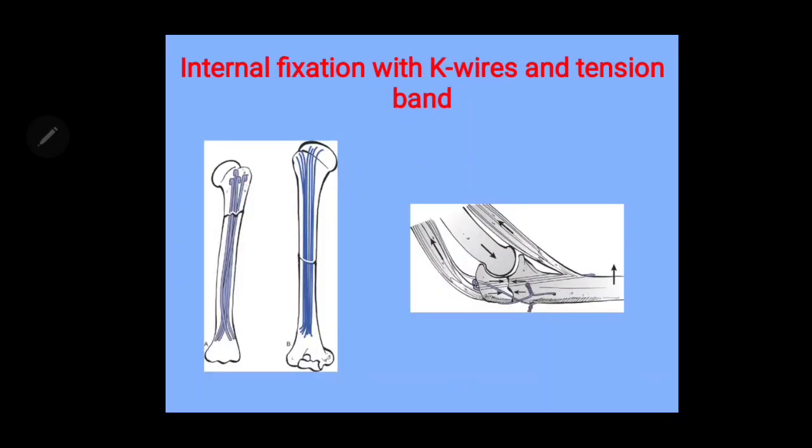So internal fracture fixation with K-wires can be used also for big fractures if you use a bundle of them, like humeral shaft, and it can be used as Weber technique, K-wires and tension band. This is a common technique for olecranon and for patella.